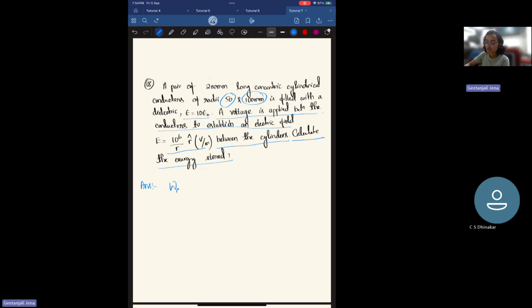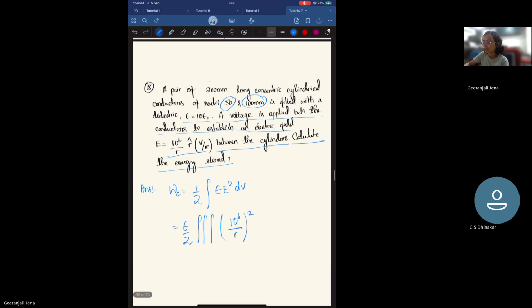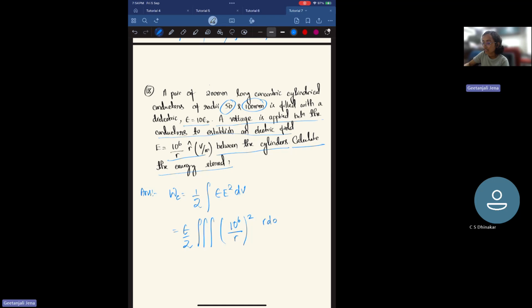So energy stored due to this electric field is nothing but half epsilon E square dV, right? So epsilon by 2, we have a triple integration. Electric field is 10 to the 6 by r, and dV for the cylinder is r d phi dr dz.